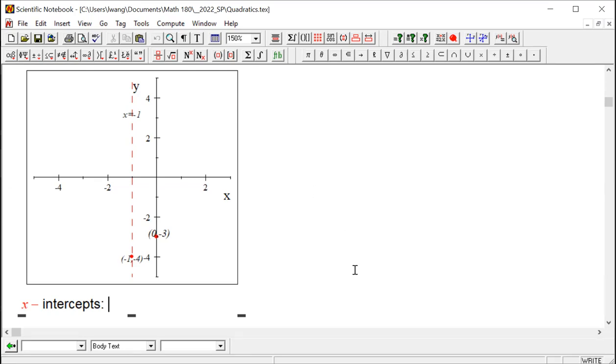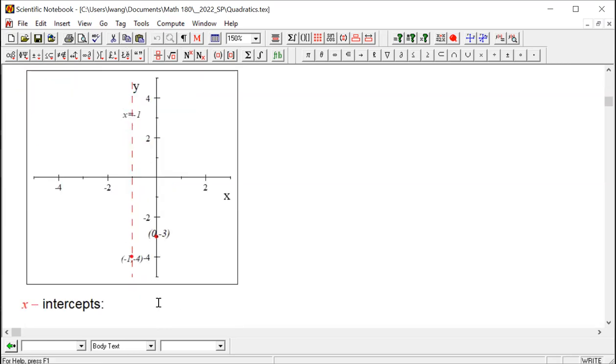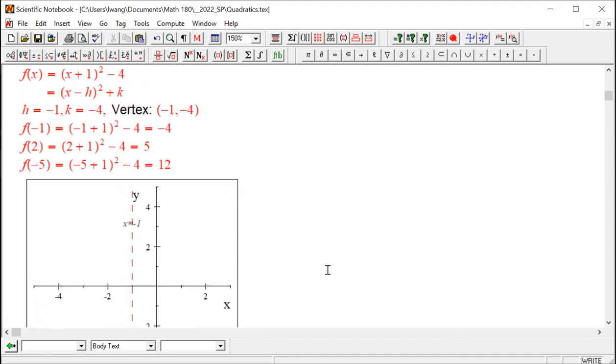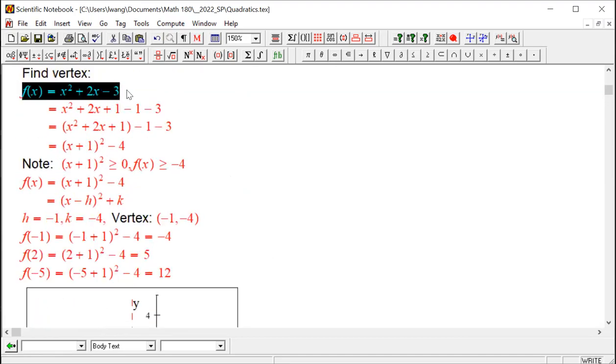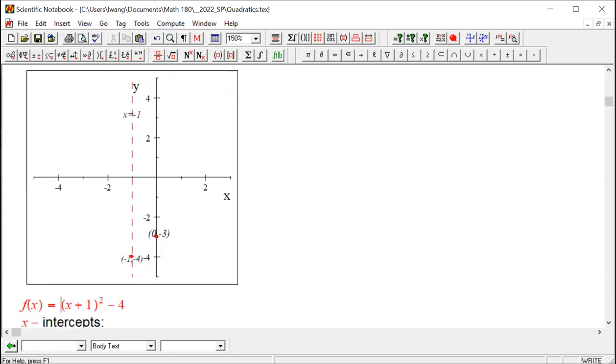So x-intercepts. What's the meaning of x-intercepts? By this time, we already have this function in 2 forms. This is one form, and we have the other form. So we have lots of information at our disposal.